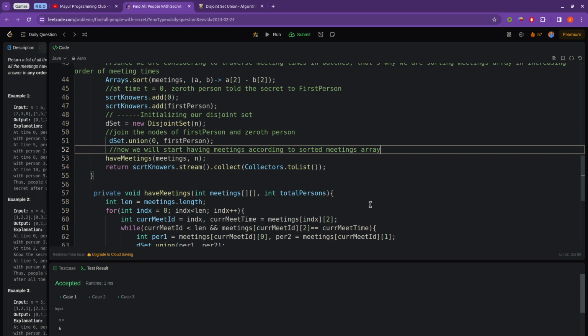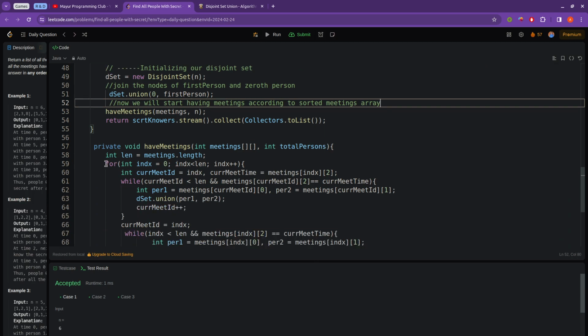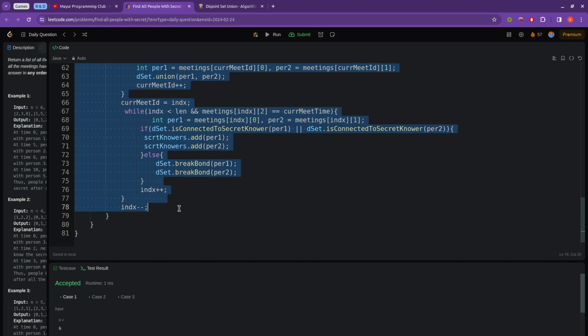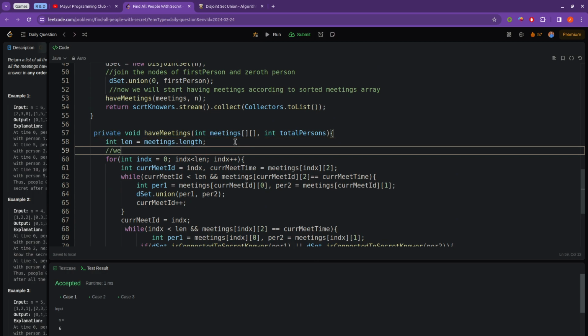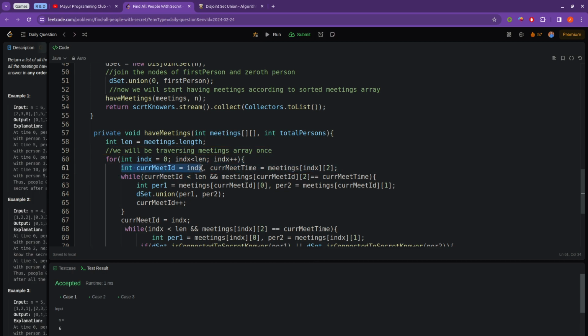We will be traversing our meetings array once. And when we are traversing, we will see what the current meeting ID is, or let's say at what index the current meeting is occurring, and we will see the current meeting time. Okay, these two things we will store in some variables.